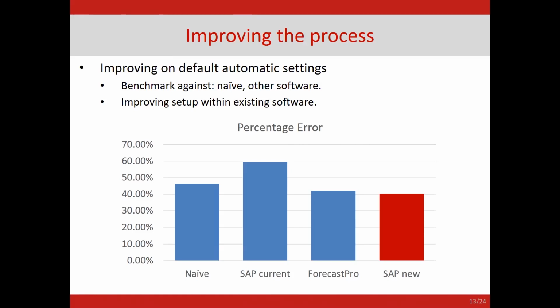Now, what has been quite interesting about this project is that all this analysis had to be done outside of the interface of the provided software, because in the particular case, SAP APO could not actually give us the transparency on one hand or the options to do this kind of benchmarking. So we had to do it externally. Ideally, we would like this to be a feature of the software to help the analyst.